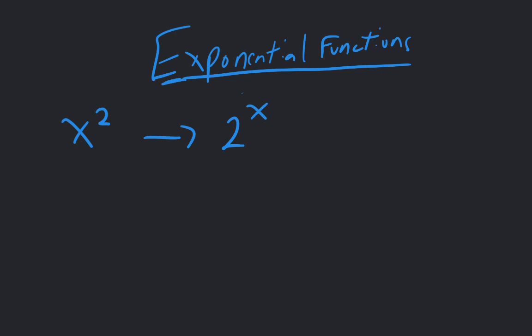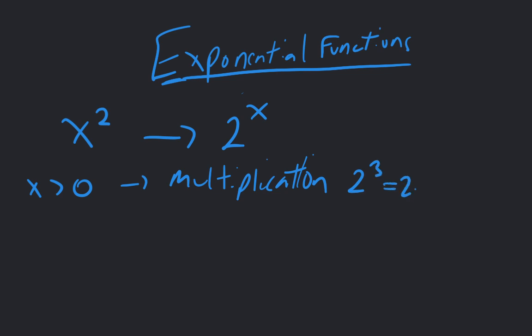When x is greater than 0, and whole numbers, and even non-whole numbers, it's a little weird, but this is sort of like multiplication. Like if x is equal to 3, then we just have 2 times 2 times 2. If x is less than 0 and we have negative numbers, then this is like a repeat division.